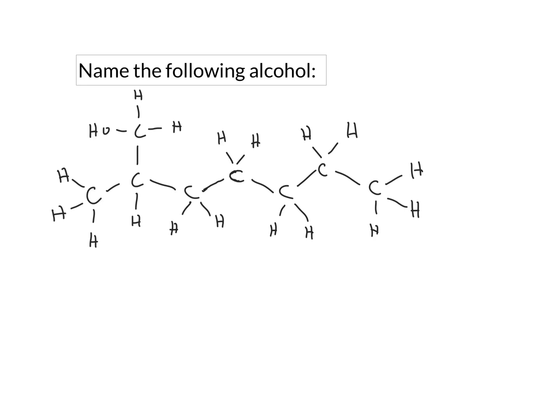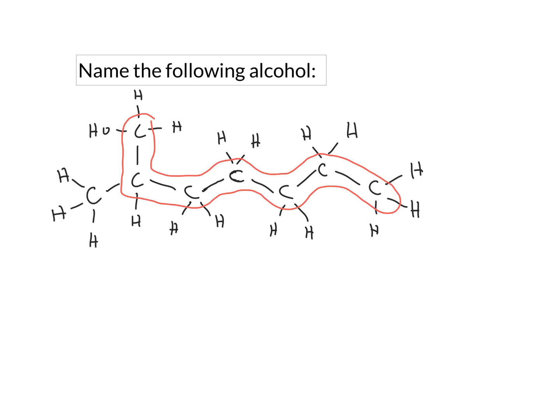So here's a question for you. Name the following alcohol. Well, our first step in this process should be to find the longest carbon chain that contains the alcohol. So my longest carbon chain that contains the alcohol is right there. I want to count that chain in a way that brings me the lowest number possible for the alcohol.